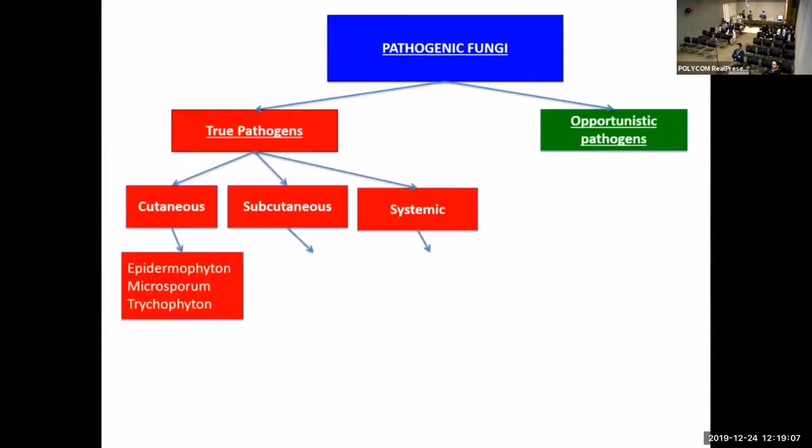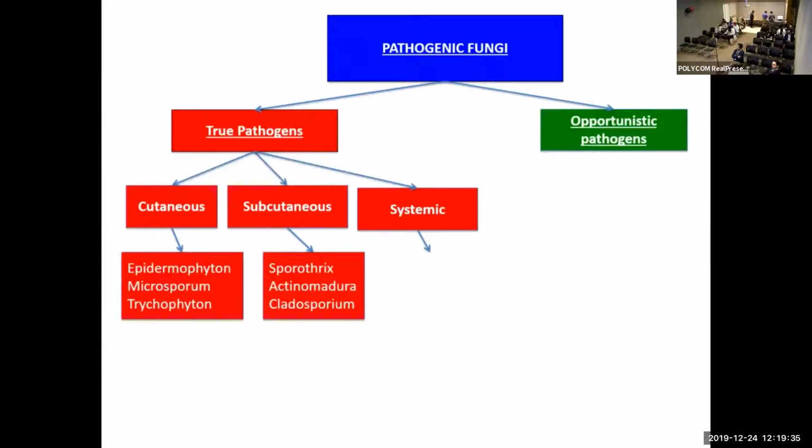In the cutaneous group, it's usually the tineas: Microsporum causes tinea capitis, and Trichophyton and Epidermophyton usually cause tinea corporis. Your subcutaneous ones are usually the Sporothrix that causes sporotrichosis, and all the other subcutaneous mycosis that go in a group called mycetomas, also Actinomadura that causes Madura foot.